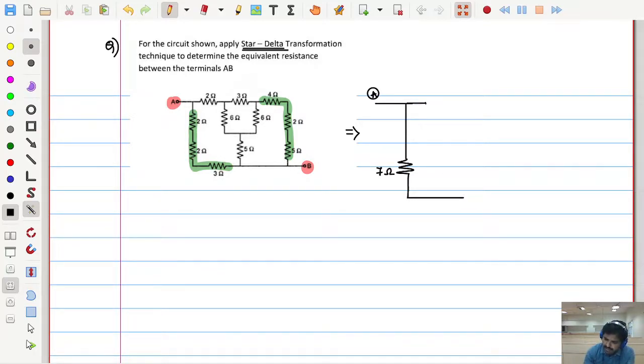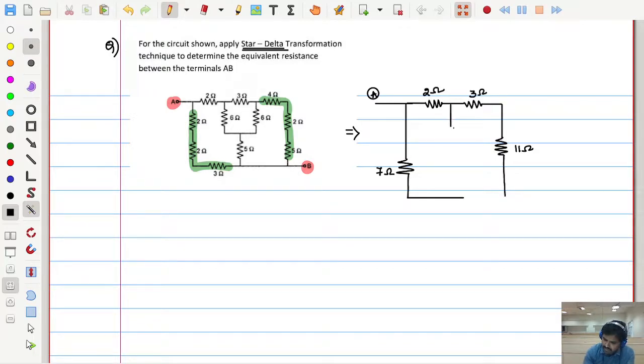Next here further extension is 2 ohms. Then 3 ohms. Then 4 to 5, 6 and 5, 11. This is 11 ohms. This is 3 ohms. This is 2 ohms. So between 2 and 3, this 6 ohms is there.